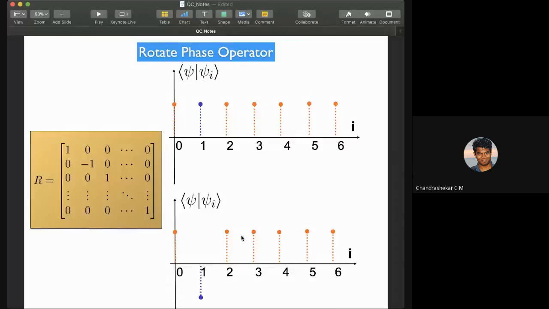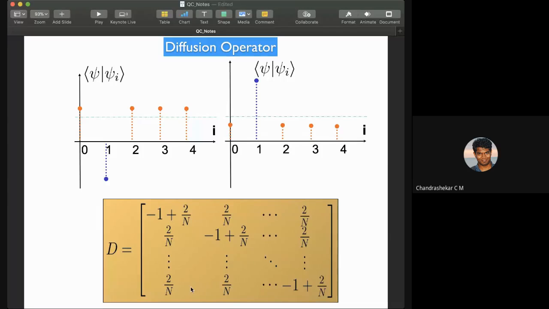These are the two operations which come in here. This introduces a minus sign, and this introduces diffusion, which means it flips and introduces destructive interference at all these positions and constructive interference at this one explicit marked position.